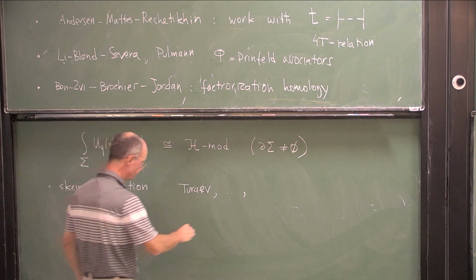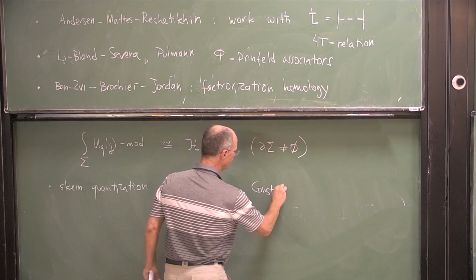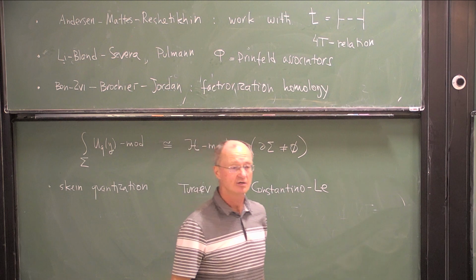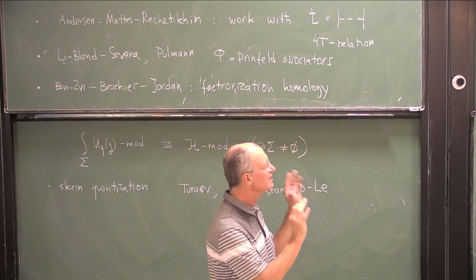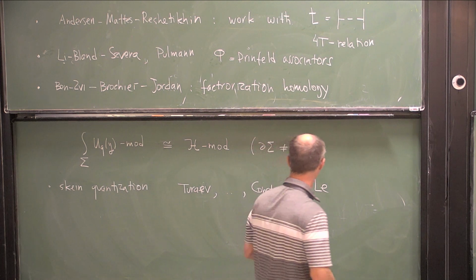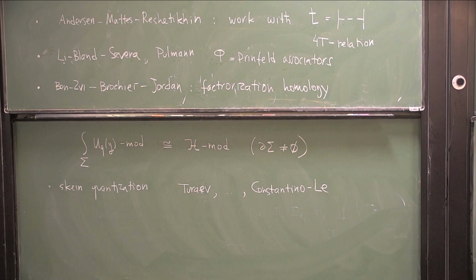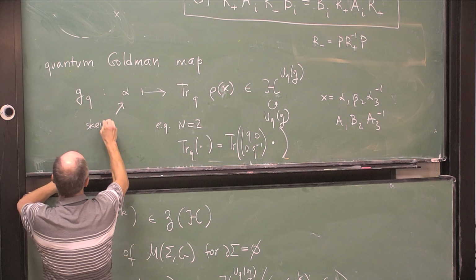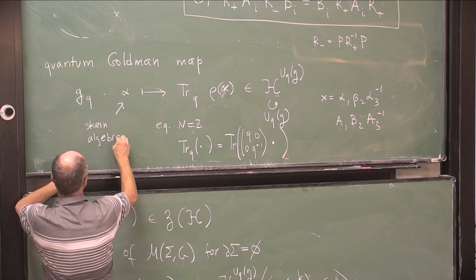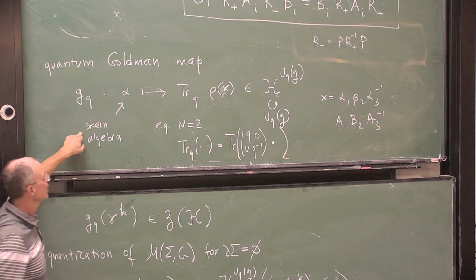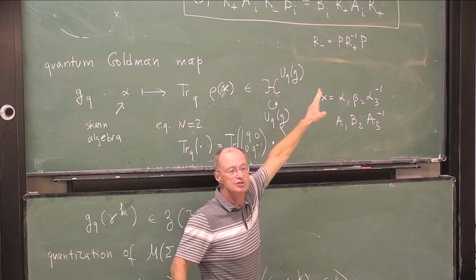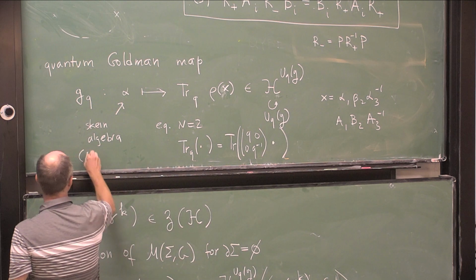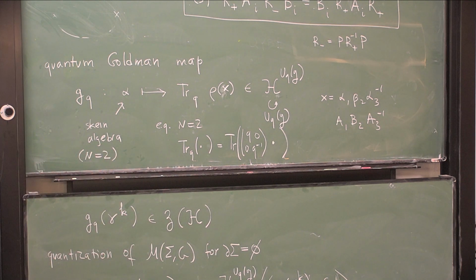And there is a recent paper, maybe of last year, of Costantino and Le, which, if I understand correctly, claims that the correct target of the quantum Goldman map would be the skein algebra, and you would map it to this H invariant part, the U_q(g) invariant part of H. In their paper, I think, it's in the case of n equal to 2.